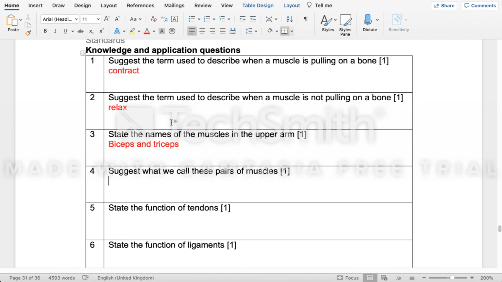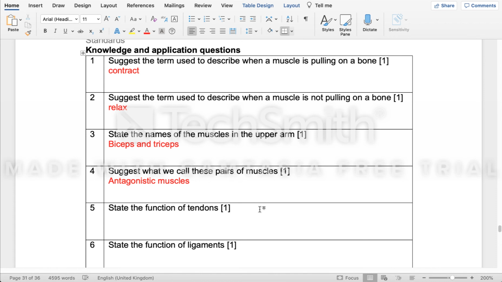Number 4, suggest what we call these pairs of muscles. So remember, pairs, and the term that we're going to use is antagonistic muscles. Now remember, antagonistic muscles always work in pairs. There's always two of them.